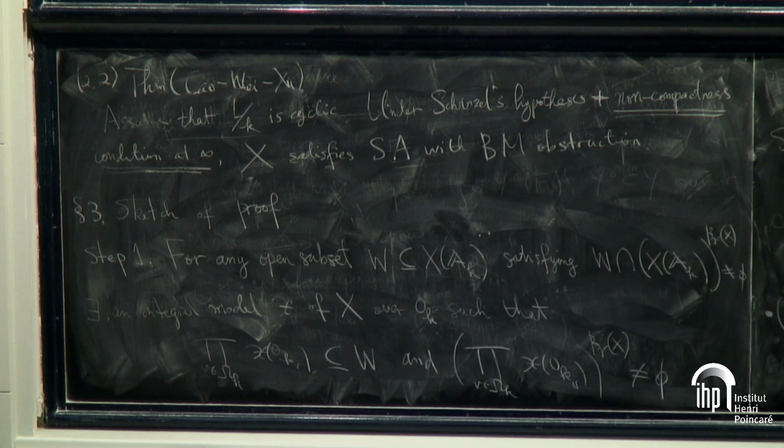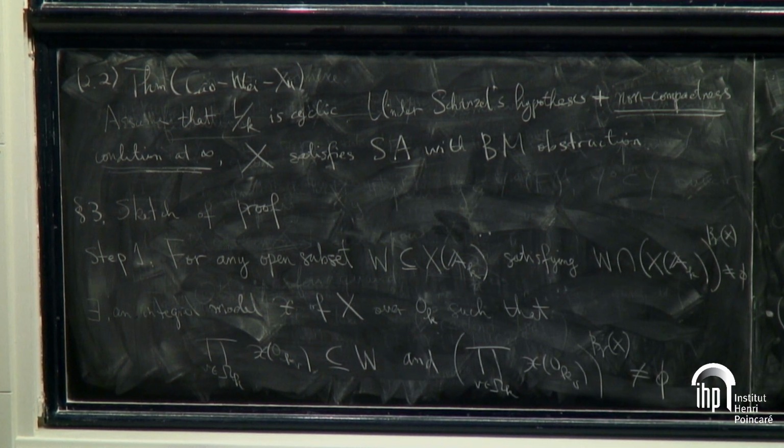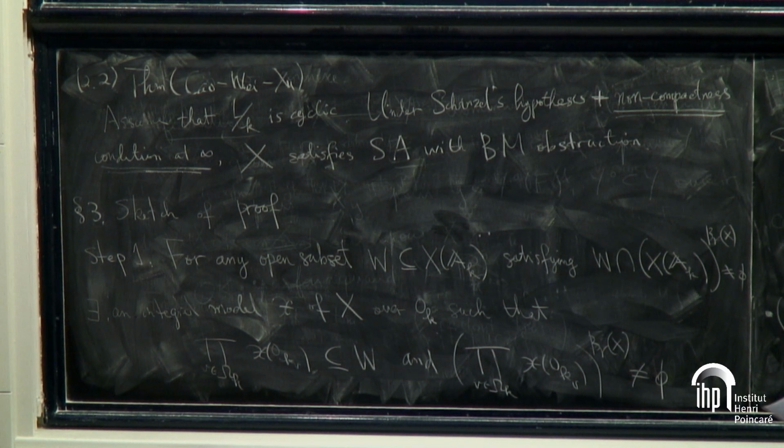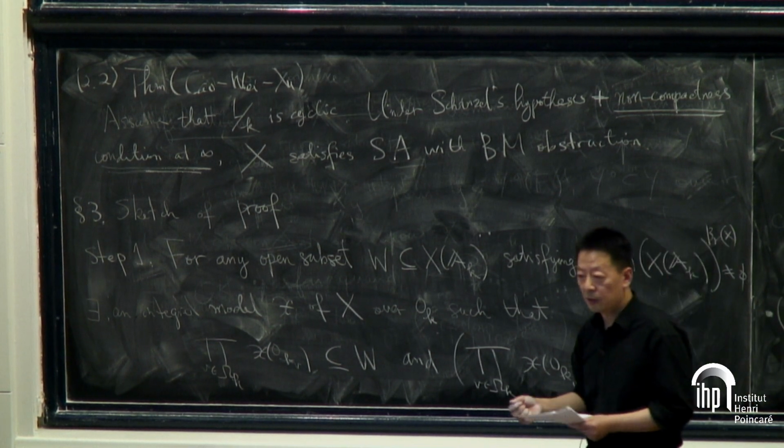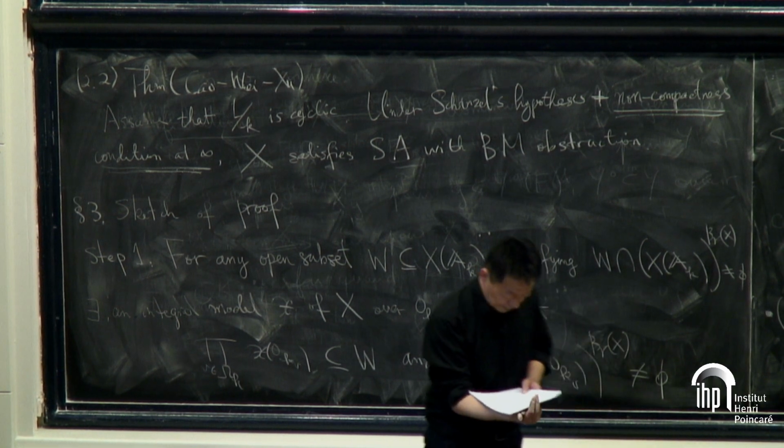So I will write down this E. The crucial point, this E only depends on this model, but not T0. So for all the fibers, you can test. So this T0, I will choose it by using Schinzel. I didn't apply Schinzel yet.